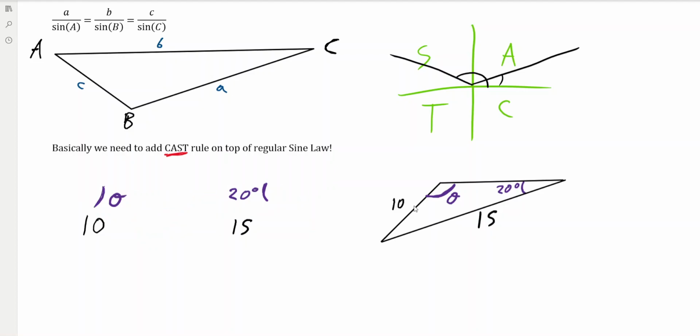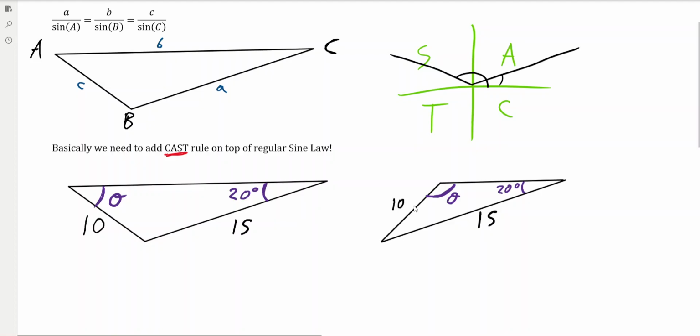Basically, that's what's going on here. So now let's go ahead and try this out. If we plug it into these formulas here, what we're going to get is sine theta over 15 equals sine 20 over 10, because those are the different related sides.